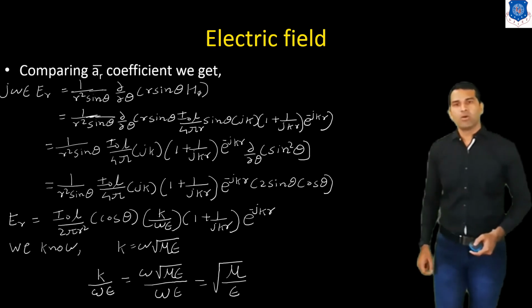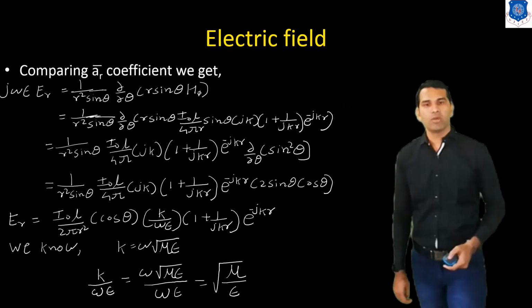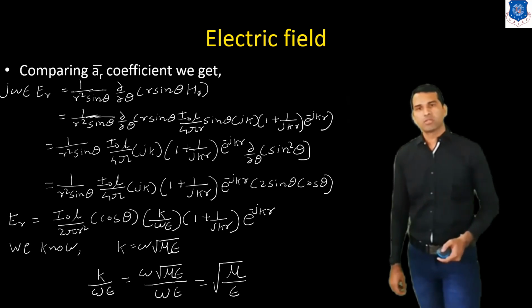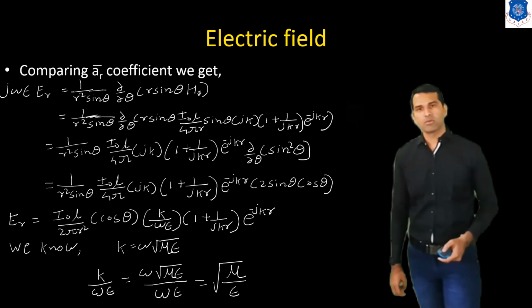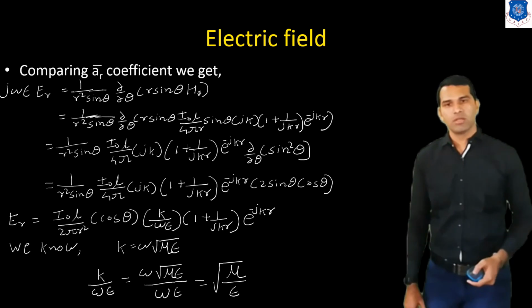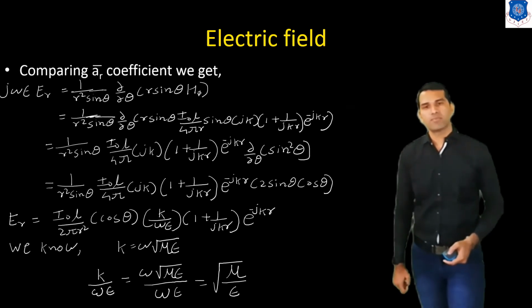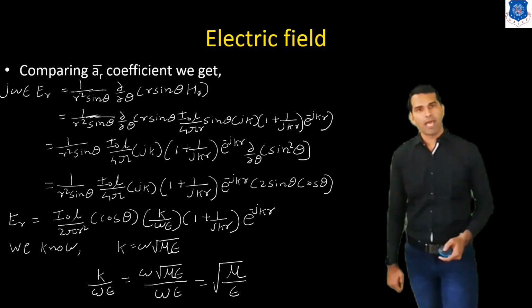Now we know k is equal to omega under root mu into epsilon. So we can write k upon omega epsilon is equal to omega under root mu epsilon upon omega epsilon. So we get under root mu upon epsilon.